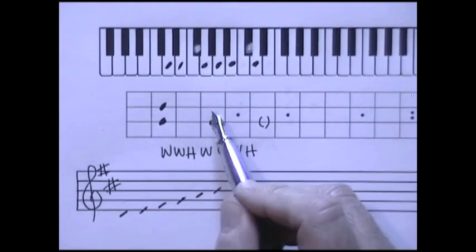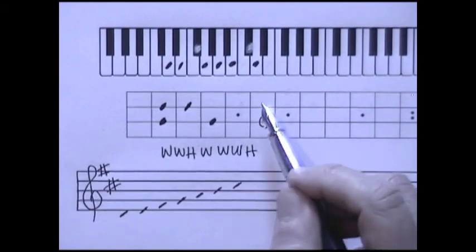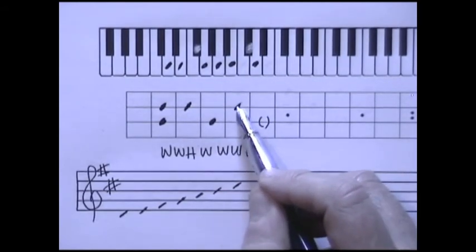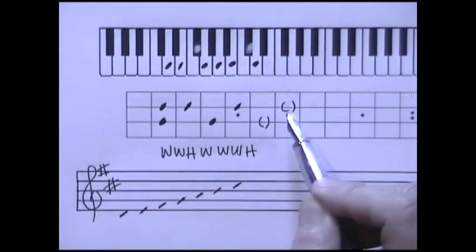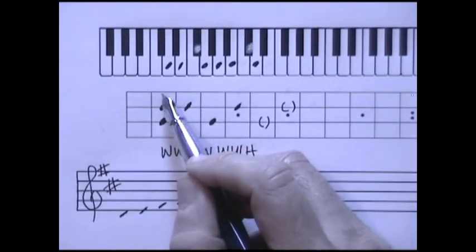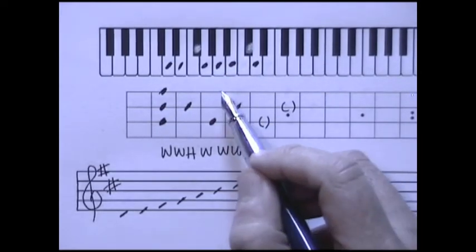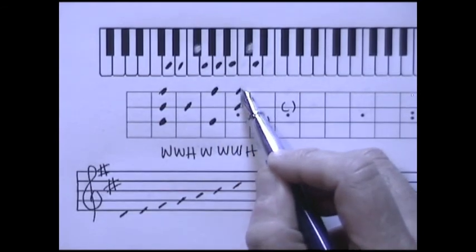Then a half step to the G, and a whole step to the A, and a whole step to the B, again playing that on the string above, which was the first string, and then a whole step to the C sharp, and a half step to the D.